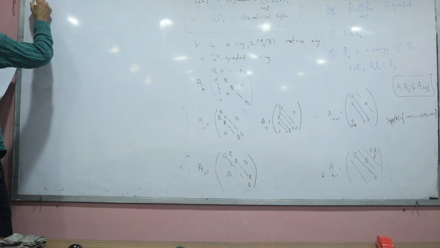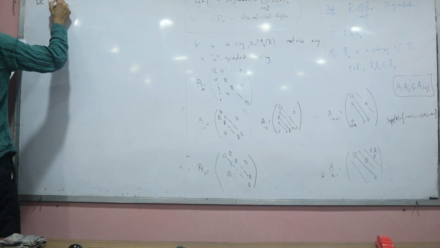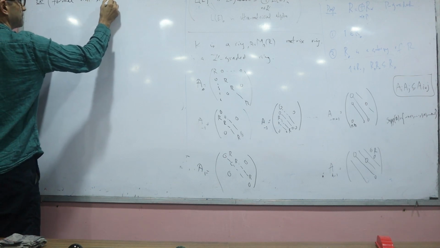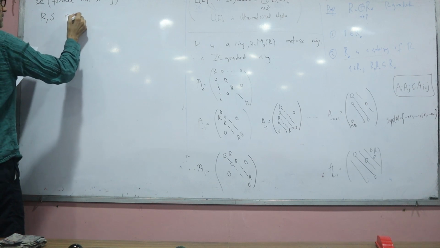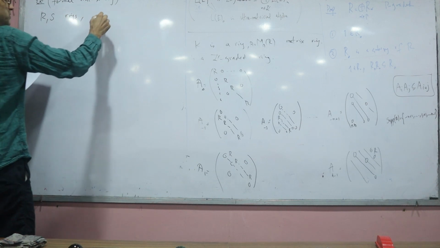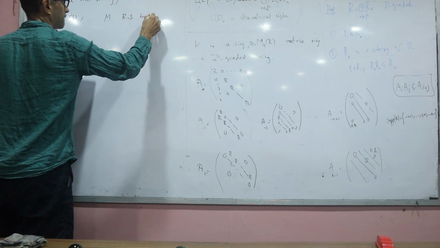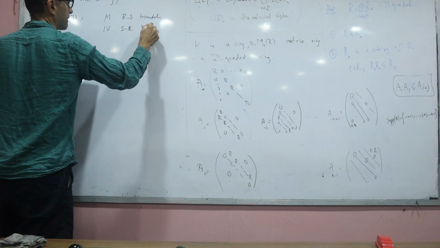So this is called the formal matrix ring. Pick up two rings and two bimodules. So M is an R-S bimodule and N is an S-R bimodule.